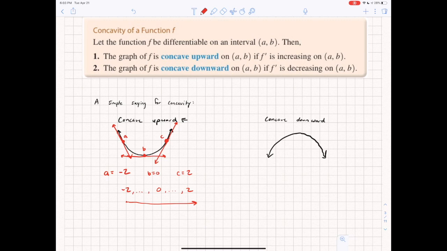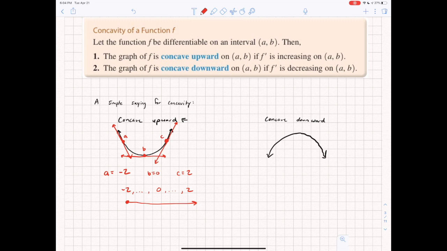Well, these values are getting greater, right? So although these slopes are negative and then 0 and positive, remember we don't care that the tangent lines for this would be negative. We just care about what are the tangent lines doing in terms of their values, right? These values are getting greater. That means f prime is increasing in value, and therefore I'm concave upward.